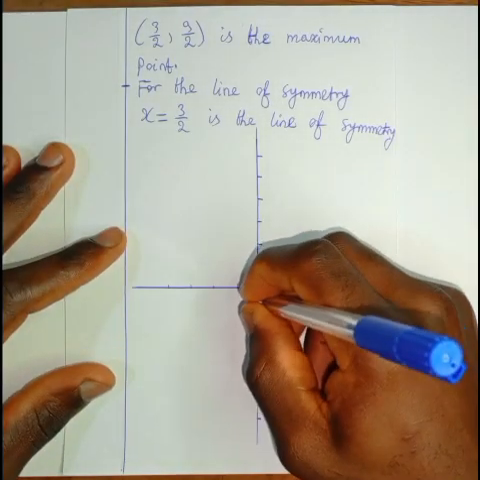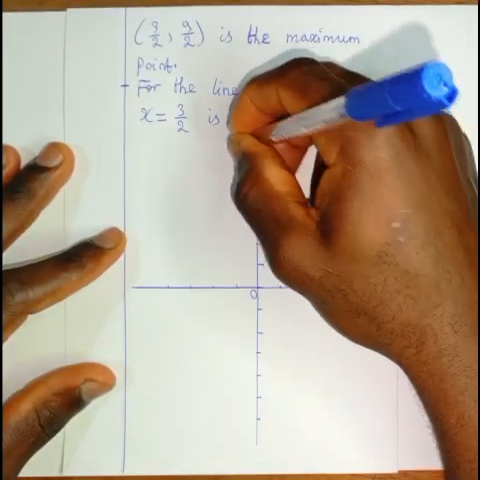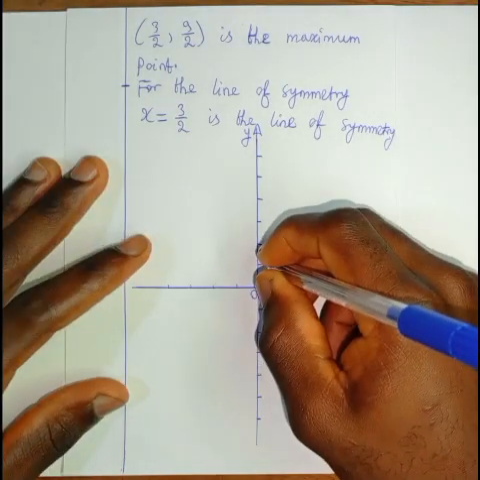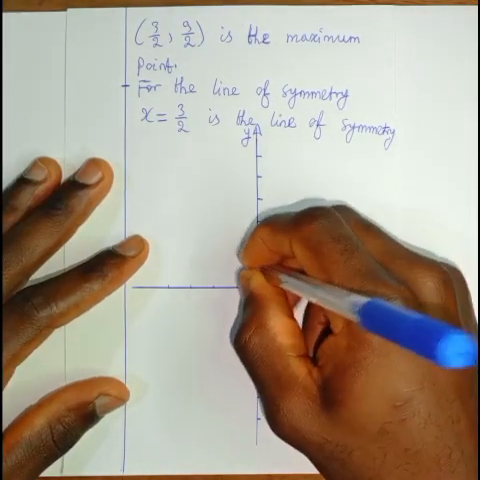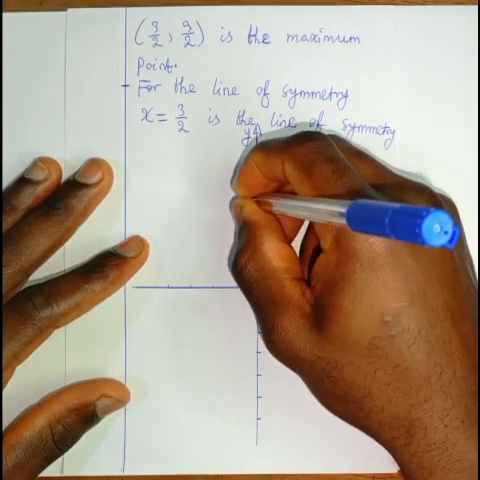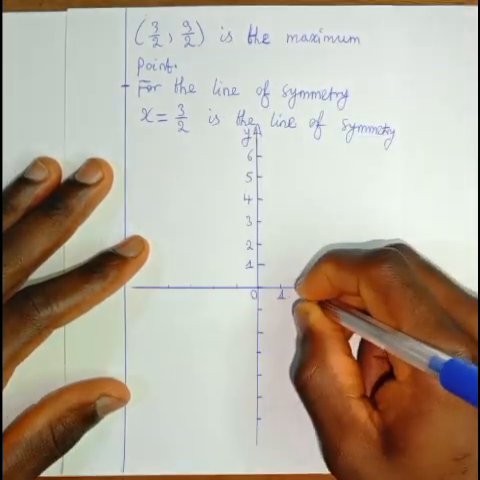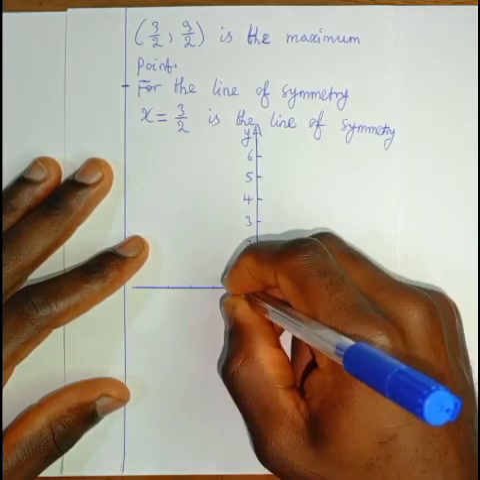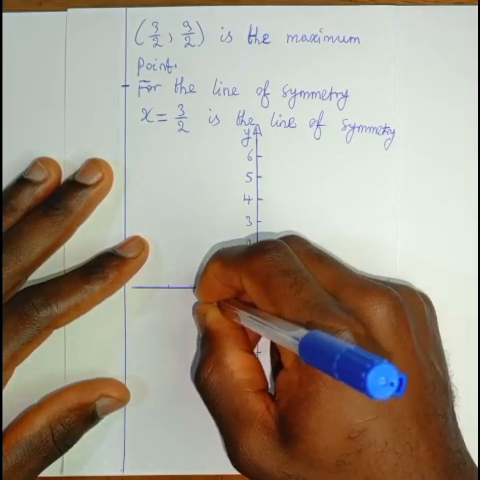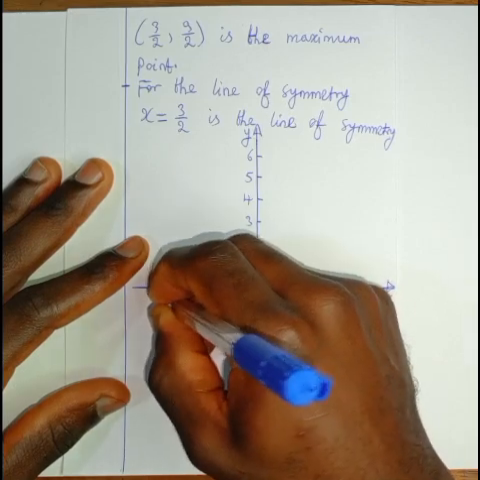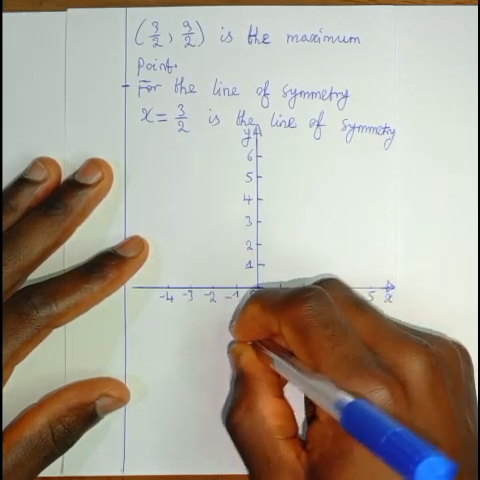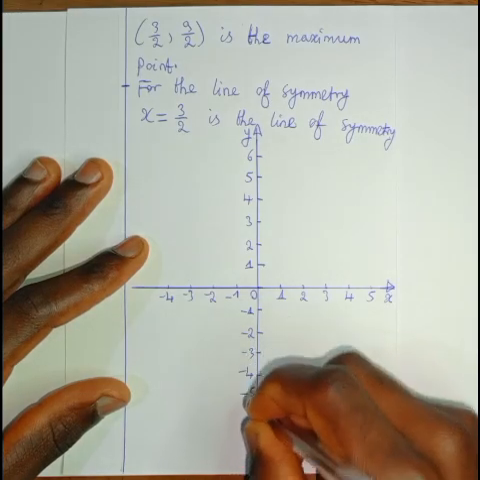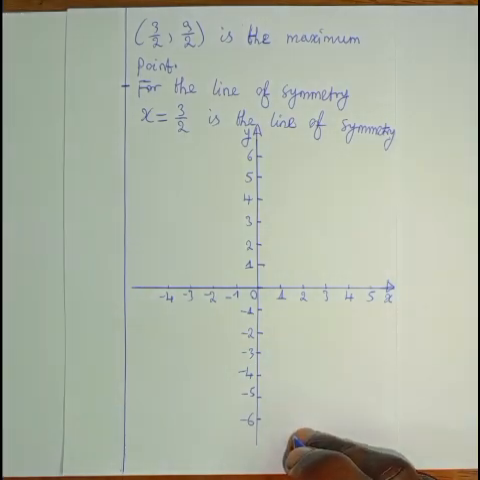Now, knowing all this, we can sketch our function. This is the origin 0, the y-axis and x-axis. 1, 2, 3, 4, 1, 2, 3, 4, 5, negative 1, negative 2, negative 3, negative 4, negative 1, negative 2, negative 3, negative 4, negative 5, negative 6.